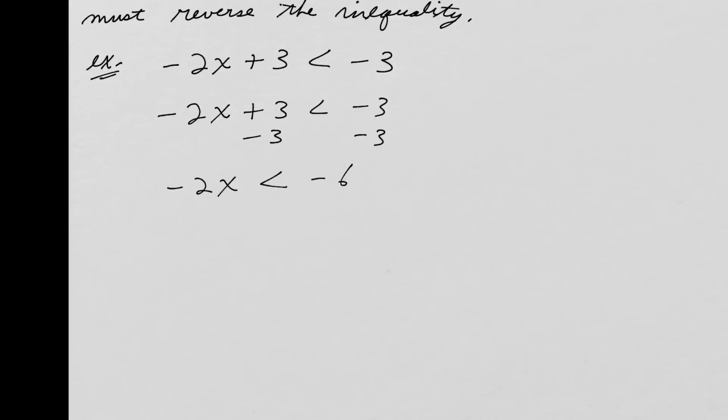Now, how do I get x by itself, 1x? I would have to divide by negative 2 at this step. Whatever I do to one side, do to the other side. But here's that exception. Because I divided by a negative value, that less than now becomes a greater than. And then negative 6 divided by negative 2 is a positive 3.